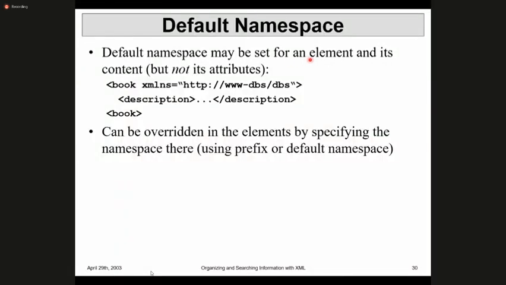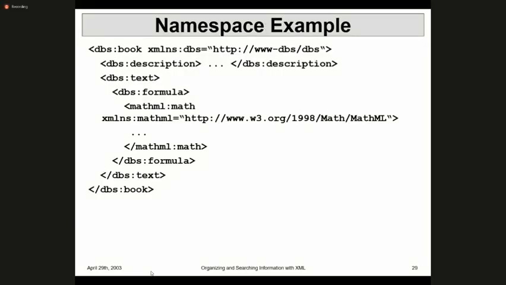Default namespaces may be set for an element and its content, but not its attributes. So you can set a default namespace for elements and their contents. As an example, you can use this DBS namespace for its content.